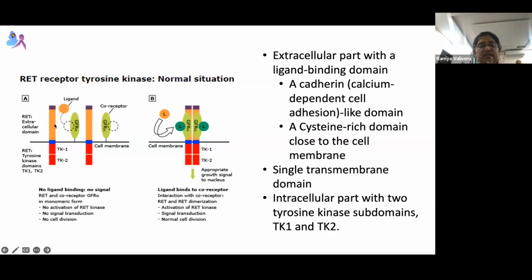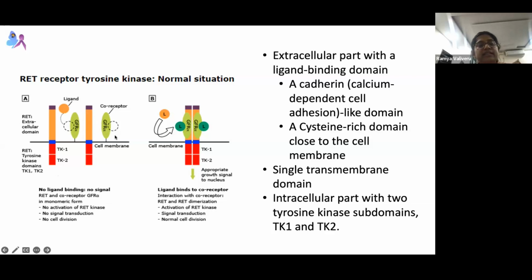Most of the mutations occur in this cysteine-rich domain. There is a single domain in the transmembrane part. Domain means area. Intracellular part has 2 tyrosine kinase subdomains, tyrosine kinase 1 and tyrosine kinase 2. The co-receptor is GFR alpha.